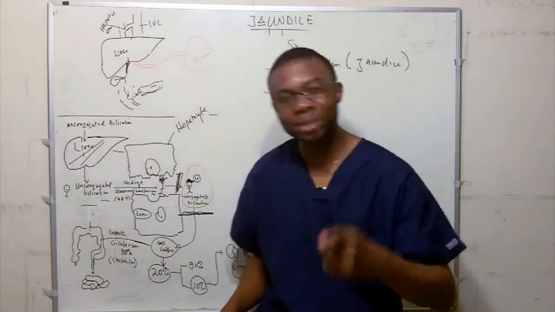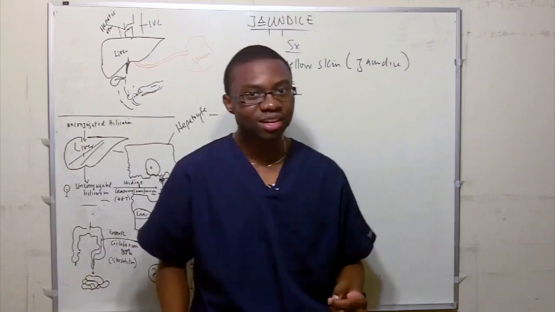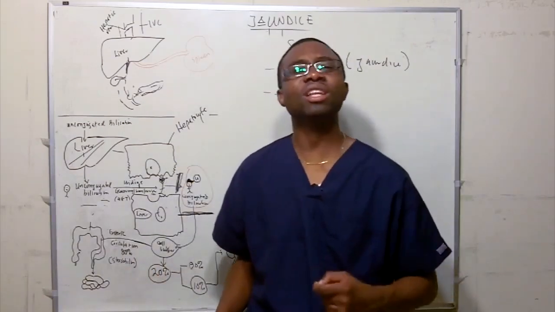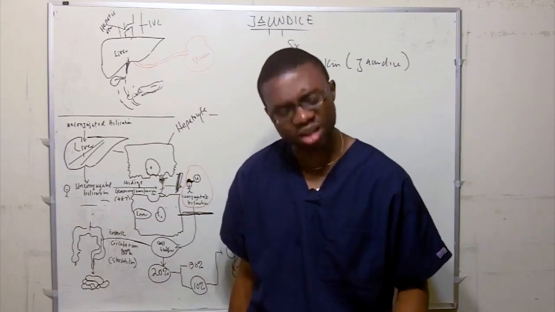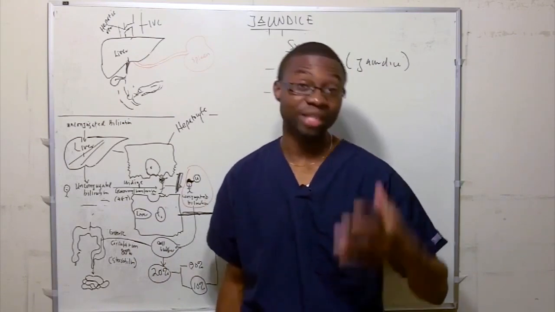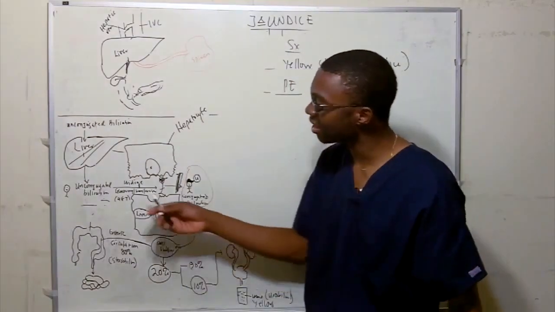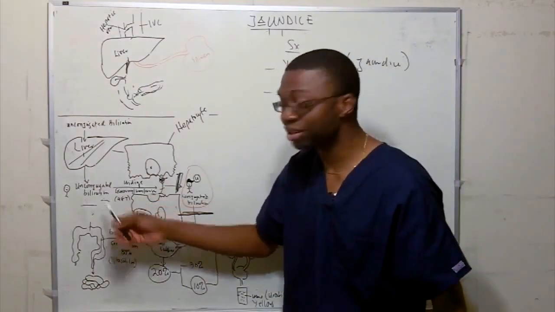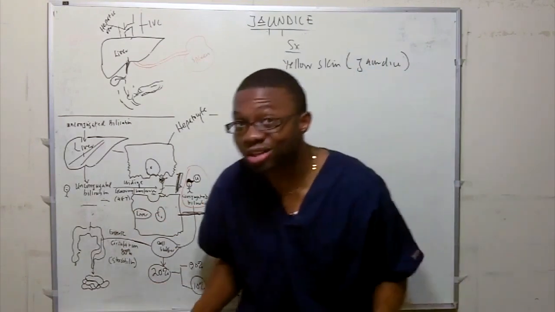But you're going to ask the patient the question, Mrs. Johnson, how's your urine? What color is it? Oh, it is dark. If the patient is yellow and the urine is dark, you should be thinking at the back of your head, it's not unconjugated, because if it's unconjugated, urine shouldn't be dark. It's not water soluble.